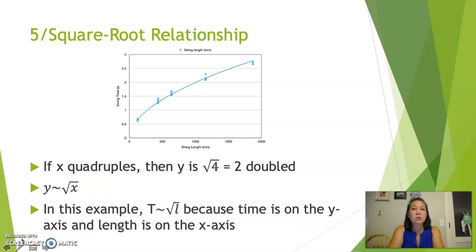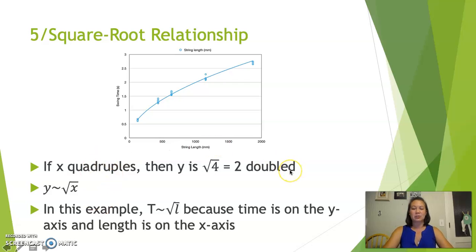Next up is a square root relationship. This is the type of relationship where x increases still cause an increase in y, but not quite as drastic. So in this case, if x quadruples from, say, 500 to 2000, then, well, y doesn't exactly quadruple.